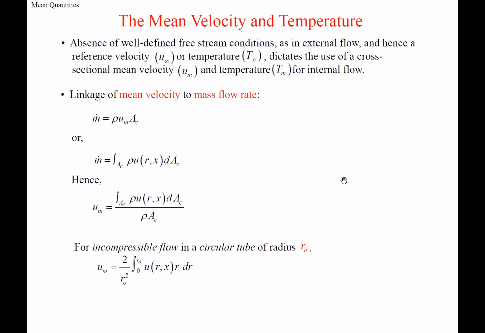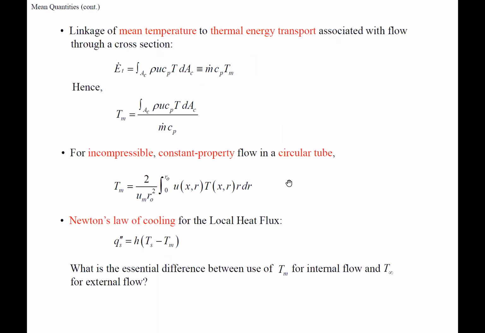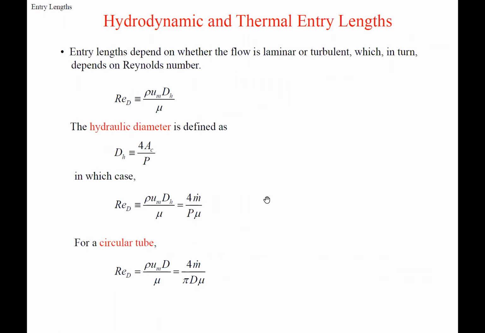And we then also looked at, since we don't have T infinity or U infinity, we have to have a mean. So we have a mean velocity and a mean temperature at each location in the flow as it's moving along in the x direction. We looked at those equations, and then we had to figure out how we would determine those entry lengths, how long until they're fully developed, hydrodynamic and thermal. That's where we bring back the Reynolds number.